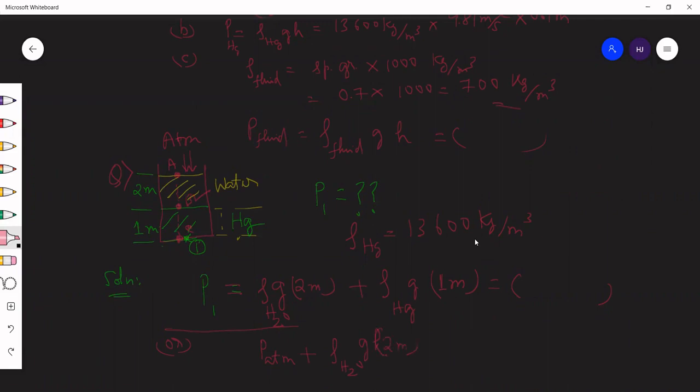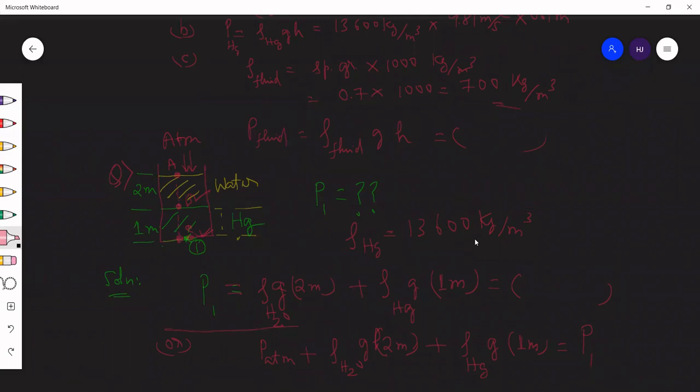Again, you are going to 1. It's that last bottom of the plate. You are swimming through mercury. It is 1 meter. When you are at the bottom, what is the pressure? When you finally reach the bottom, you are here. If I ask you what is the pressure, you should say I'm feeling a pressure of P1. I don't know what is P1.